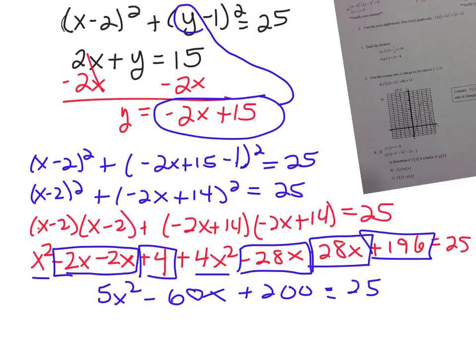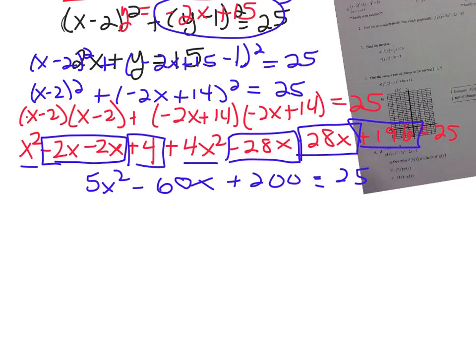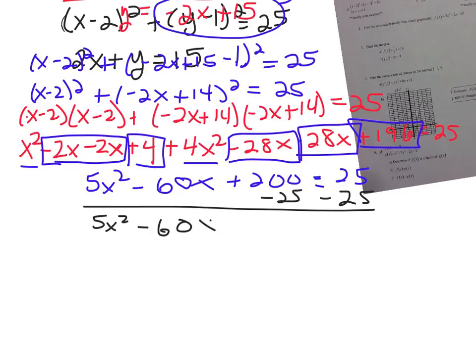All right, so it's a quadratic. I'm going to set it equal to 0, so I'm going to minus 25. So 5x² - 60x + 175 = 0. Okay, and then I noticed there is a GCF. The GCF is 5.